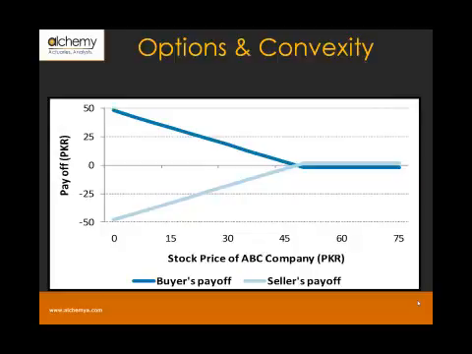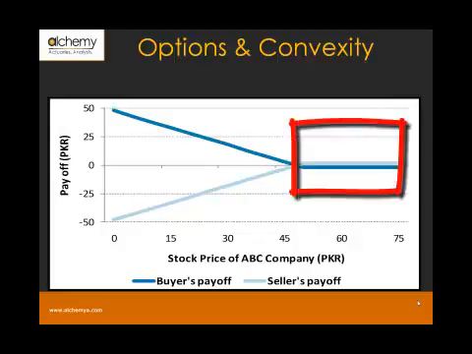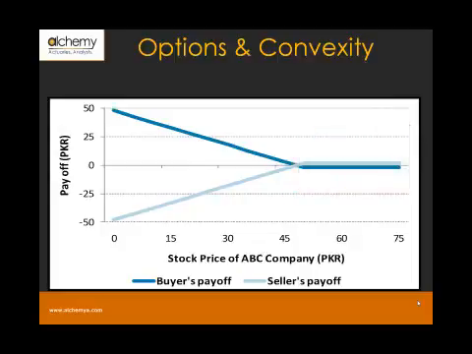So as prices fall from 75 to 45, you can see that the put is a straight line, which is basically the premium or the cost of the put that has been borne by its owner. And once prices fall beneath what's called a strike, the price at which the security will exchange ownership, the put starts to get into the money.